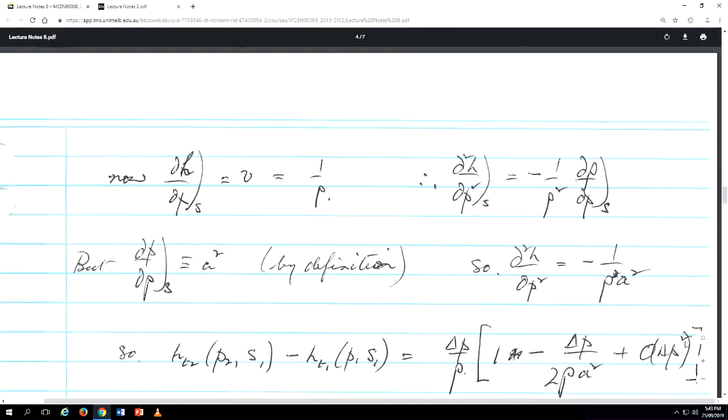So d2H/dP squared will be minus 1 upon rho squared times d rho/dP at fixed entropy, which is 1 upon dP/d rho at fixed entropy, which is A squared. So this is minus 1 upon rho squared A squared.